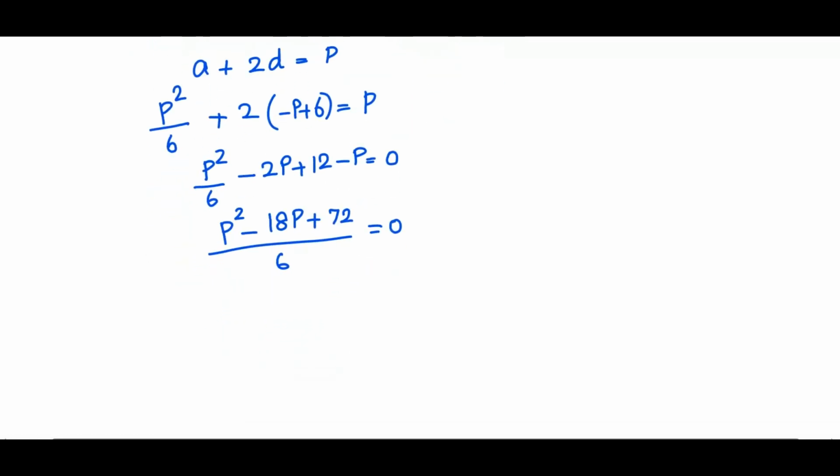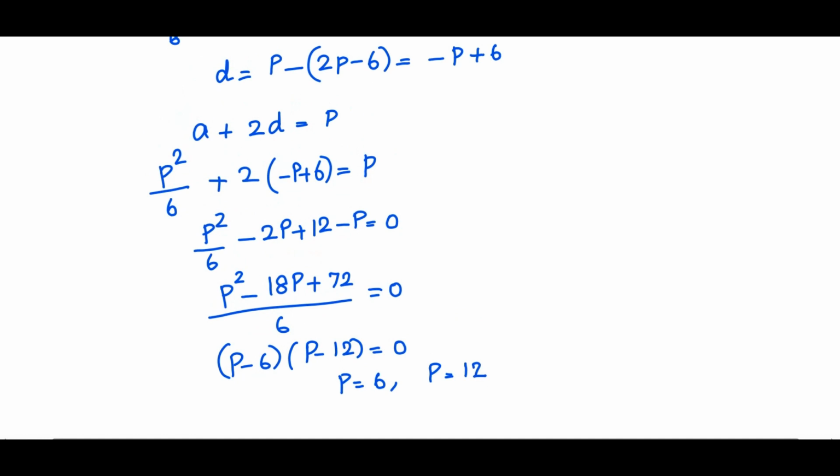Let us factorize P square minus 18P plus 72 equal to 0. We will get P minus 6 multiplied by P minus 12 equal to 0. So P is equal to 6 or P is equal to 12.